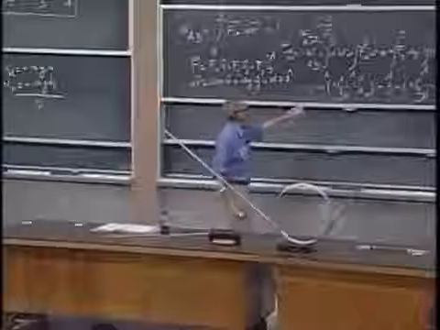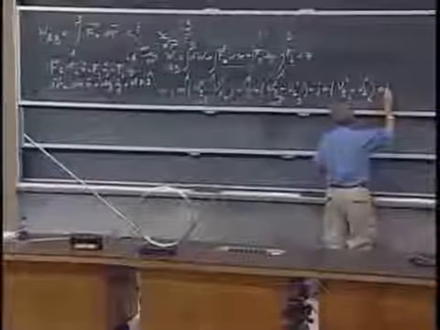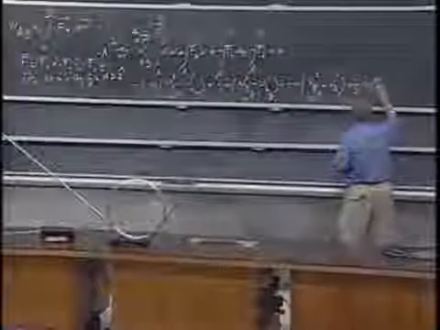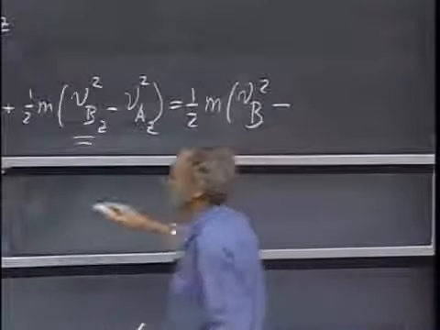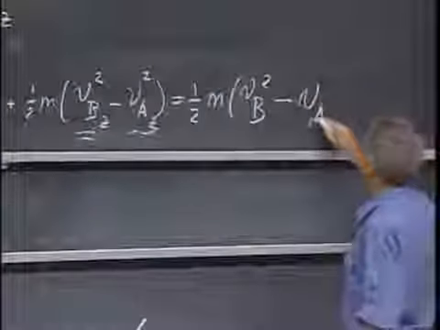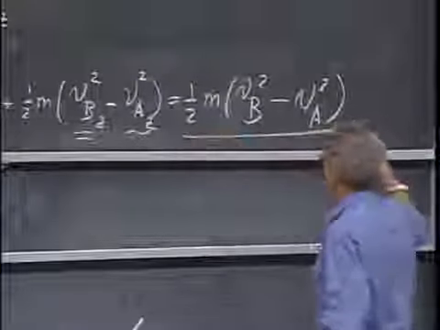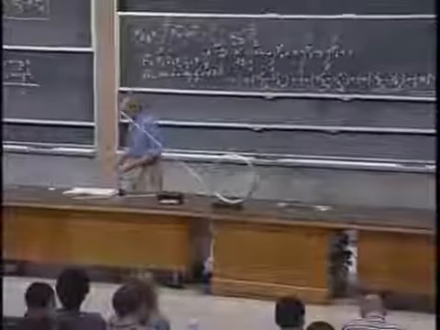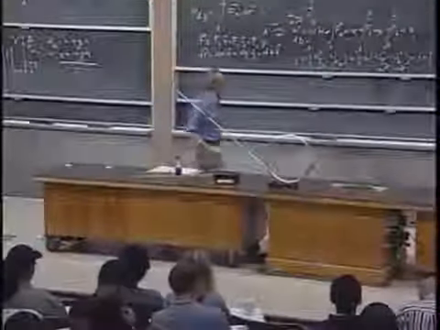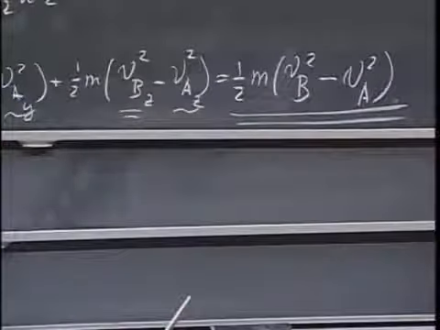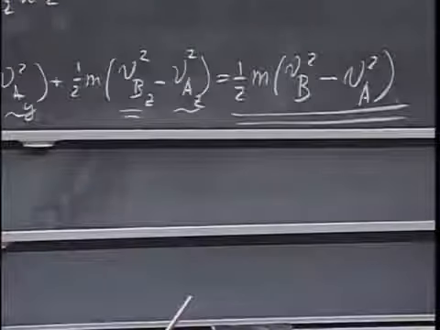So if you add up these three terms, you get 1/2 m times vb squared minus va squared, and you get exactly the same result that you had before, namely that the work done is the difference in kinetic energy. You can always think of these as speeds. Velocity squared is the speed. It's the magnitude squared of the velocity.